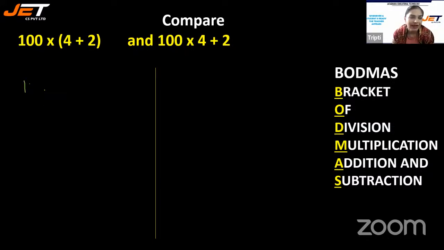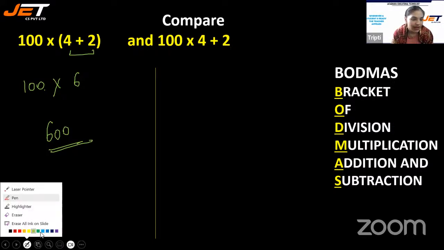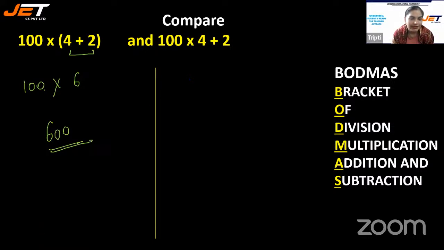So here we have 100 as it is times (4 plus 2), which is 6. 100 times 6 is 600. And for the other one, it's 100 times 4 is 400, plus 2, it's 402.